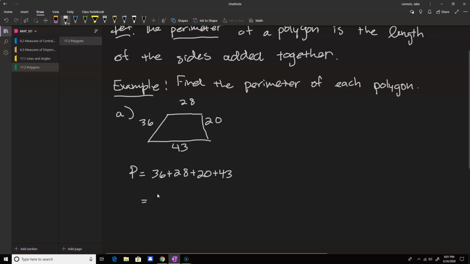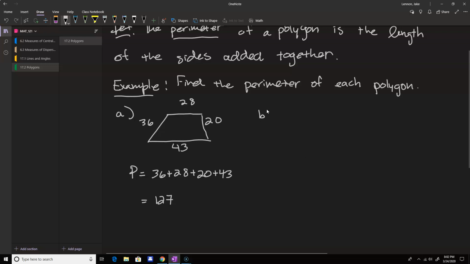And 43, is that 127? Sorry, let me, no, that's way too small. 36 plus 28 plus 20 plus 43. Yeah, no, it is 127. So there we go. Again, that would have the same unit of measurement if there were something describing it.